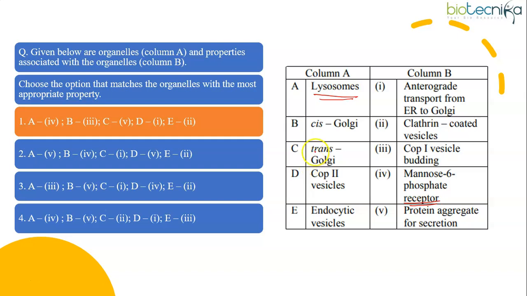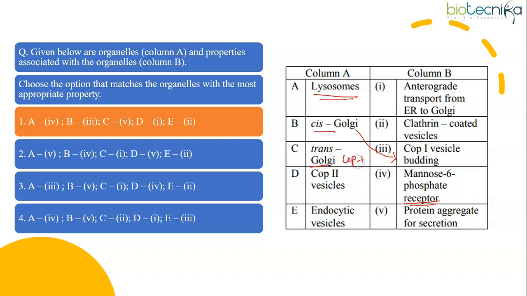Next we have cis-Golgi and trans-Golgi. From the cis-Golgi, the vesicles that originate are COP1 vesicles. And trans-Golgi is the Golgi from where COP2 vesicles are originating.